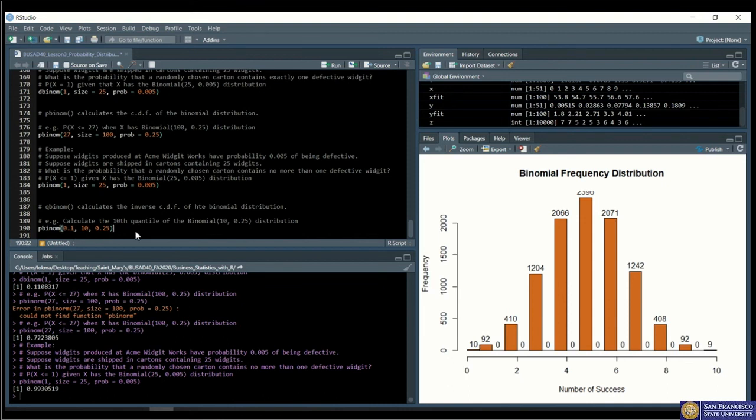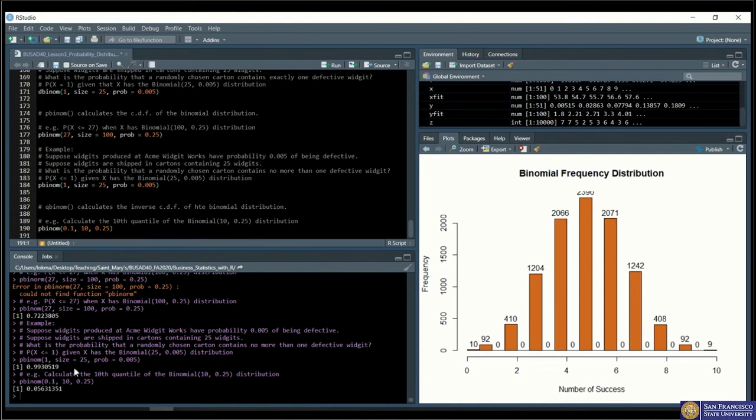So let's run that, and that gives me a number. This number is 0.056. So for 10 trials, the 10th quantile of this distribution points at the location of 0.05. That means less than one time could succeed, given the 0.25 success rate.